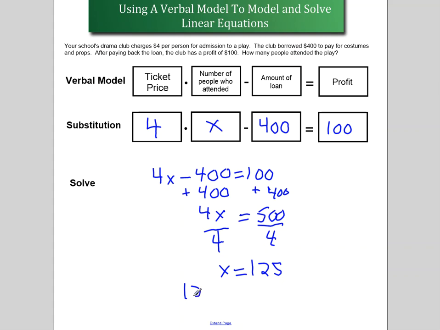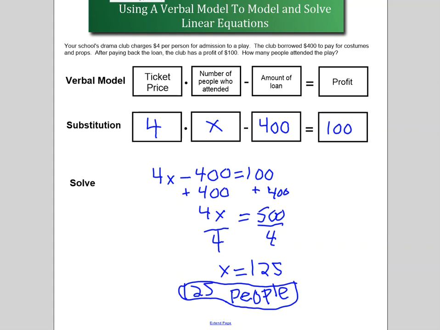The final answer here is 125 people. Okay, so I'm going to circle this as my final answer here. Okay, and we're done.